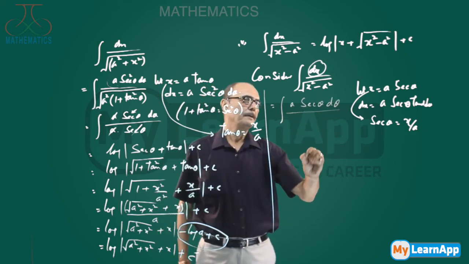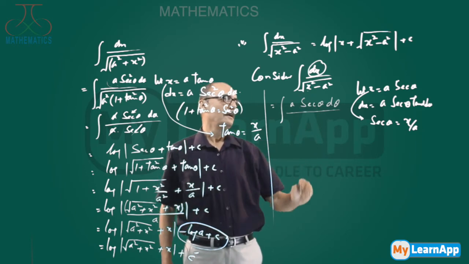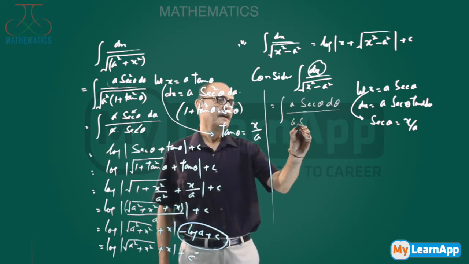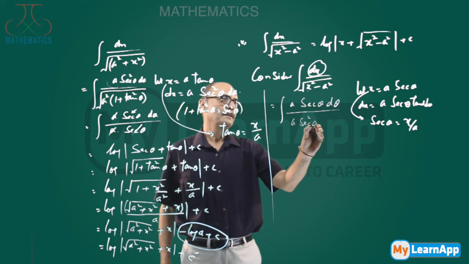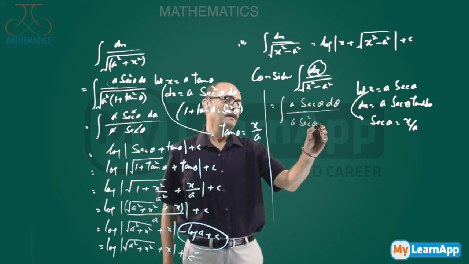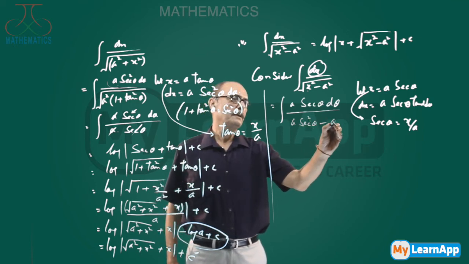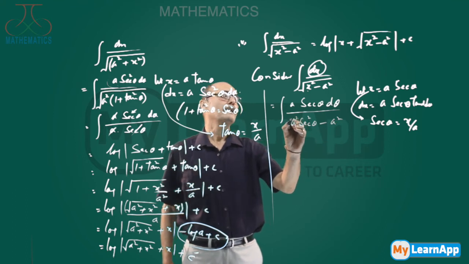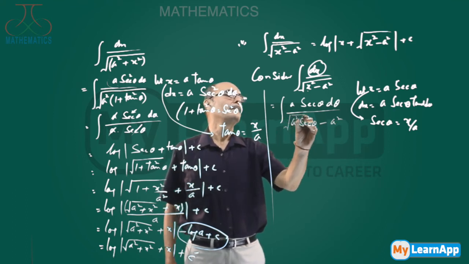In the denominator, instead of x, we have a secant square theta minus a square, under the root.